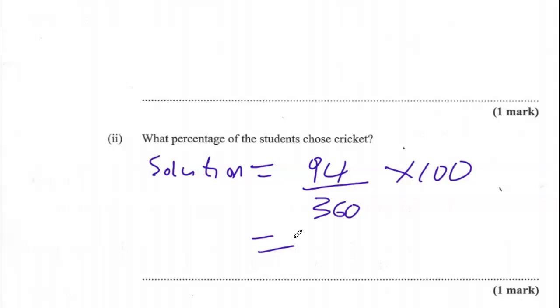So 94 divide 360 times 100. This seems to be, if I'm using one decimal point, 26.1%. And of course, that's the one decimal place. Or if you want it to be two decimal places, it will be 26.11.